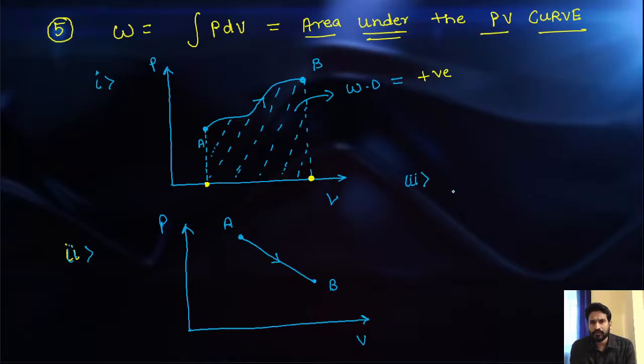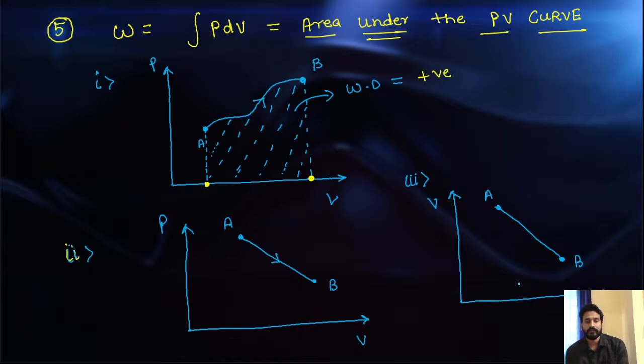In this third example also, please tell me about the work done. It is V, it is P, and the process is A to B. Please tell me. Okay, work done on the gas. Good. Now tell me in the third graph.